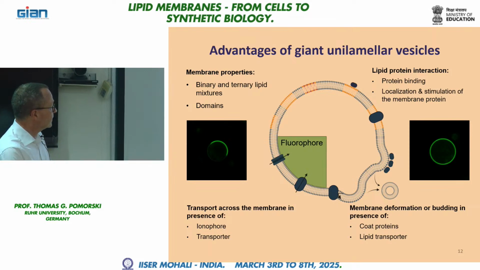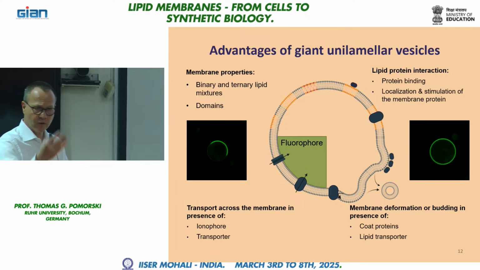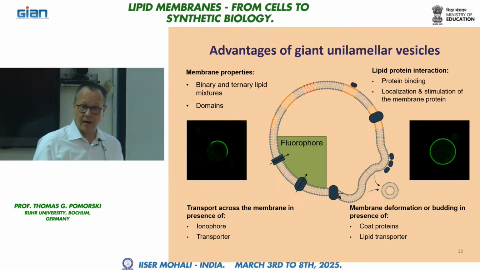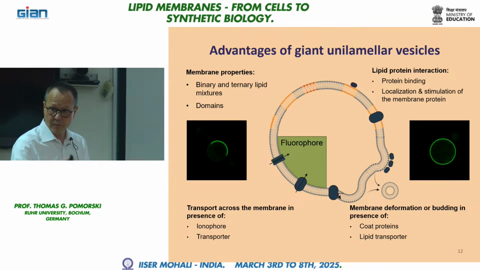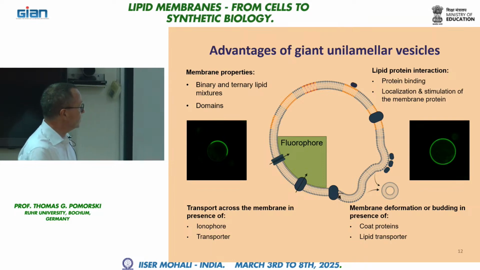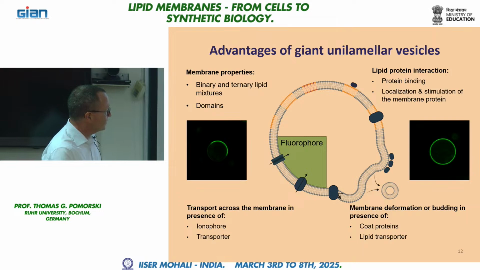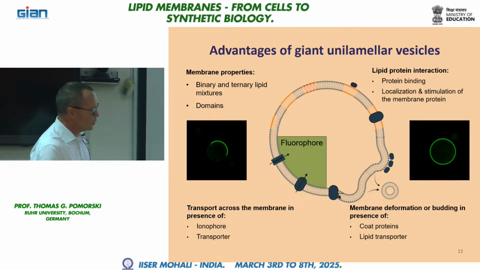You can study lipid-protein interaction. That's very interesting from the biological point of view. I also heard yesterday that some of you are interested in peptides and how peptides interact. So what you can study here is whether a protein binds, whether it penetrates, or whether it makes these vesicles leaky and destroys them. We have often used this for proteins that interact with lipids.